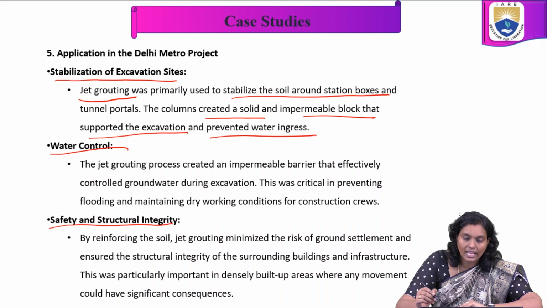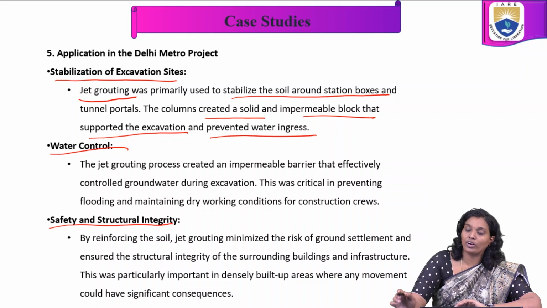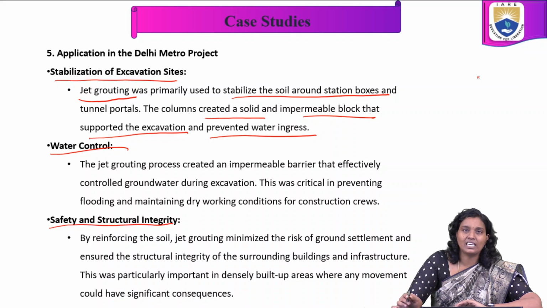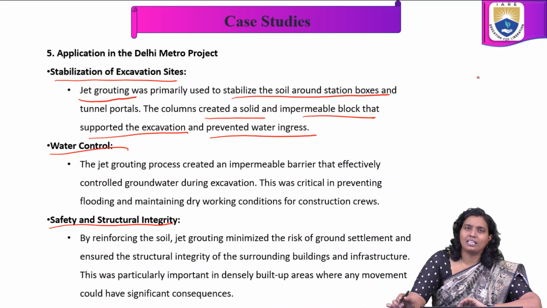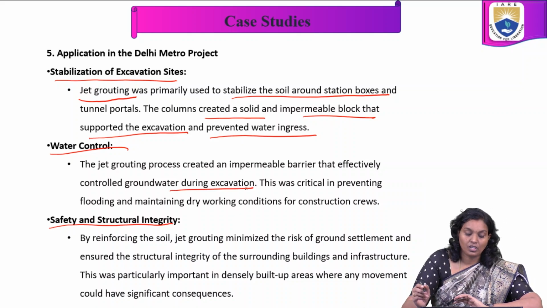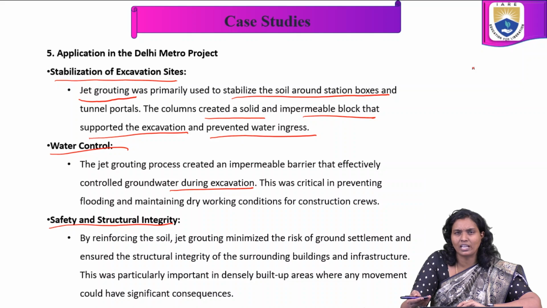In the underground scenario, water control is very important, especially where a high water table is present. So in this jet grouting process, it created an impermeable barrier that effectively controls the groundwater during the excavation. How effectively this impermeable barrier controls depends upon the design consideration as well as the mix proportions involved in this jet grouting process.